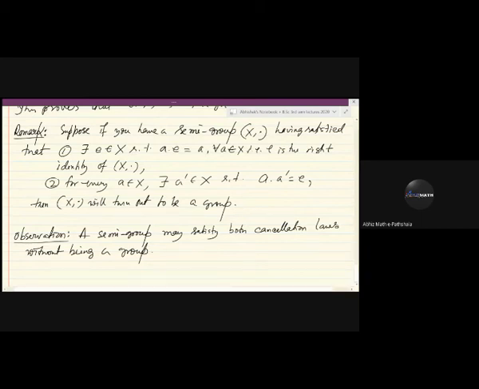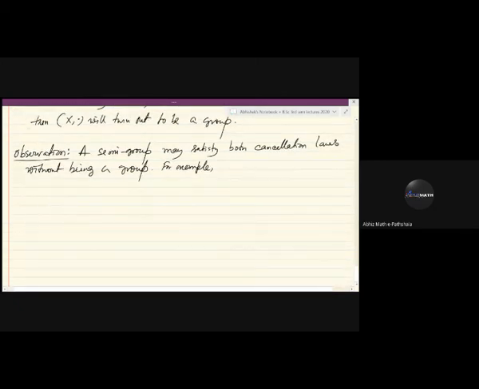For example, let Z plus be the set of all positive integers and plus is the usual addition that we consider in the set of integers, right?